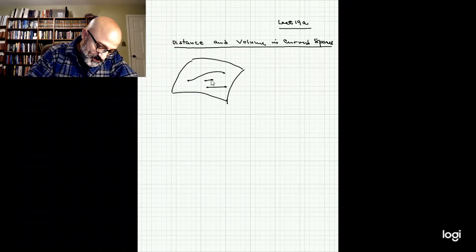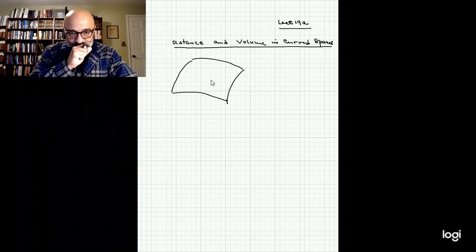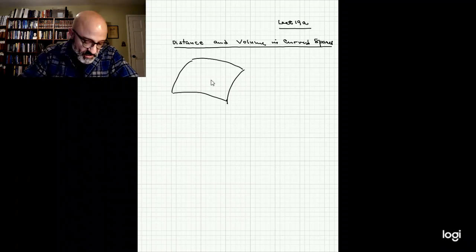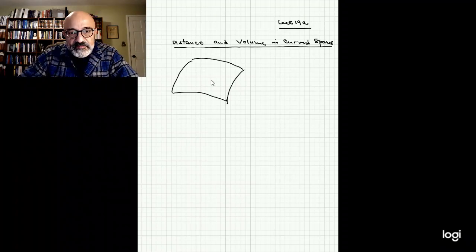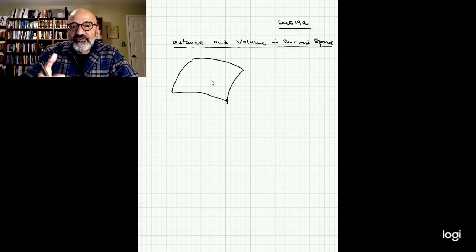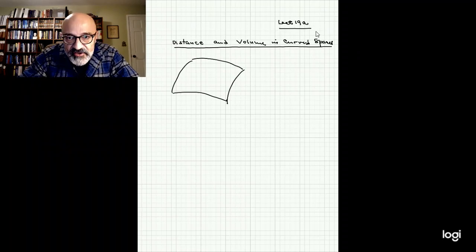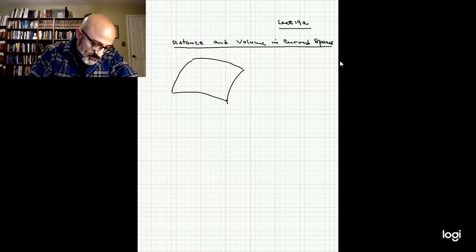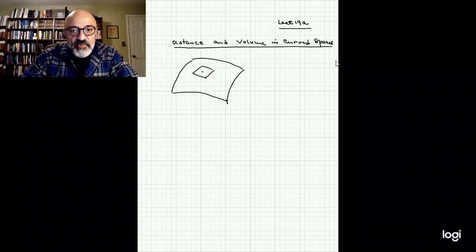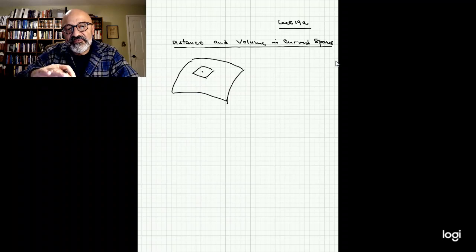And so the basic intuition and idea for all of this is that we want to introduce a notion of distance. And the way that is done when you have a curved space is you recognize that on any sufficiently small region, a space looks flat.